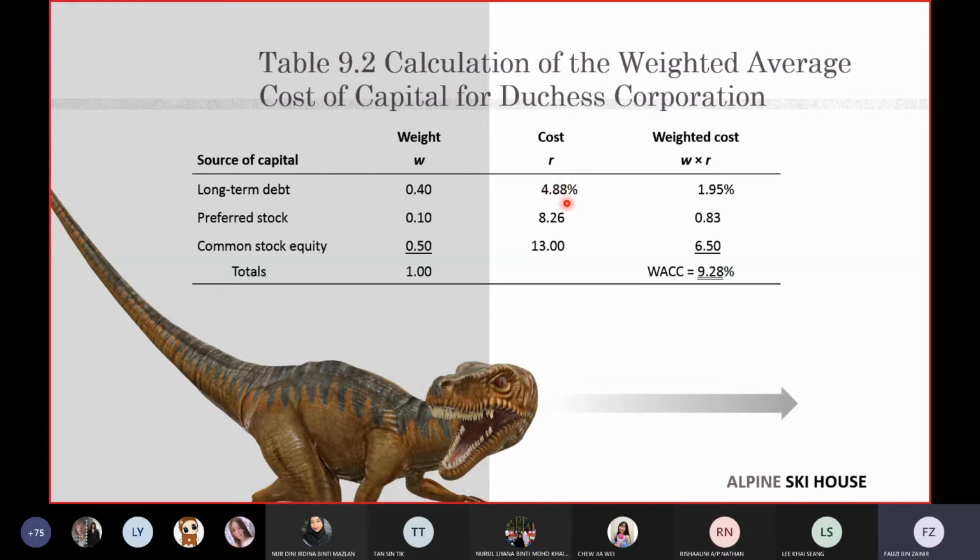The average cost of issuing bonds, the effective rate, is 4.8%. So the weighted cost is 1.95%. We do the same for preferred stock and the same for common stock. That's how we got the weighted average cost of capital for the company, 9.28%.